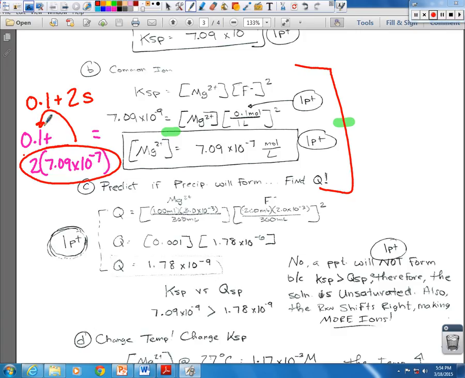So if you'll notice what I did here, I have Mg2+, I have the 0.1 because I left the S out because it was negligible. Okay? Which gave me that answer. Okay. Any questions? Yes? It's there and it's there.